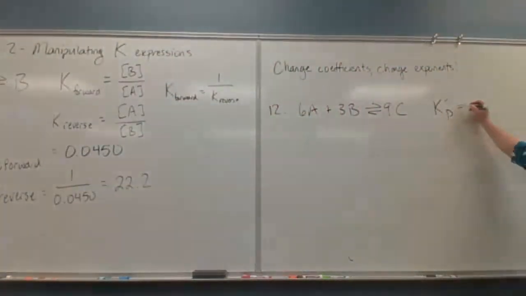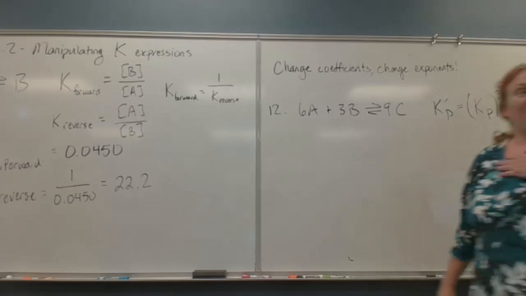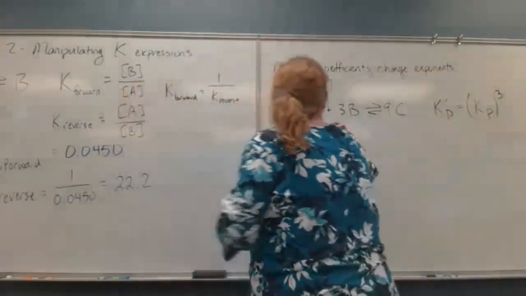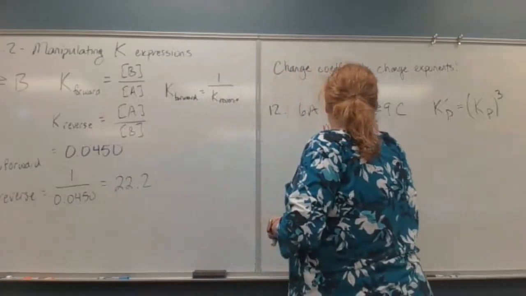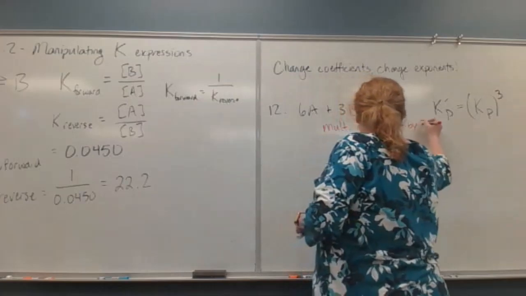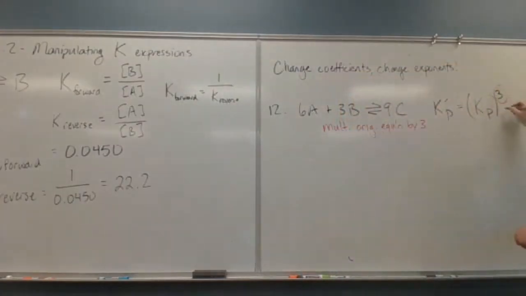What is this K's value? Well, I can take the K I was given and do what to it? Not multiply it by 3. Cube it. I cube the original K value.